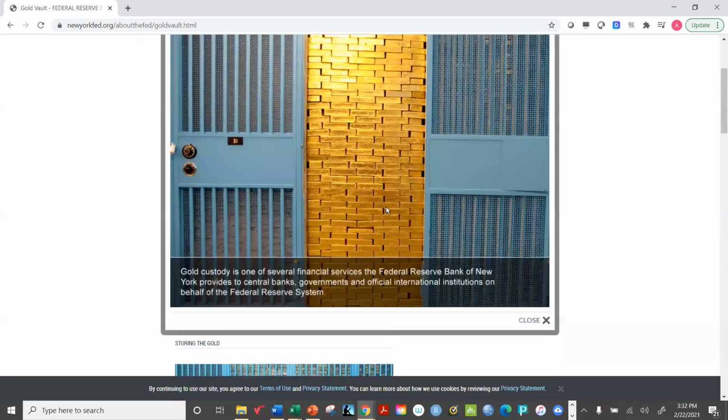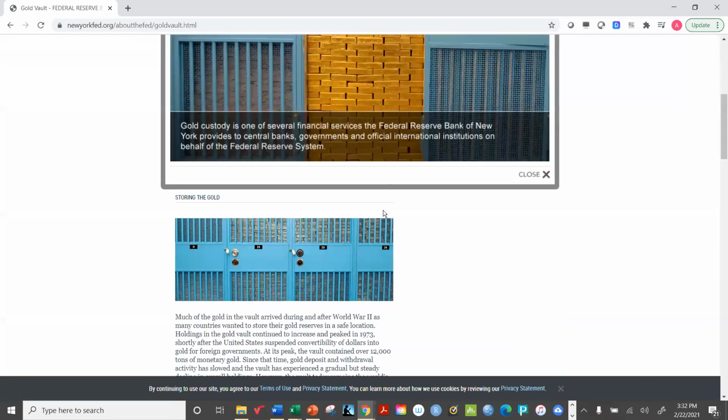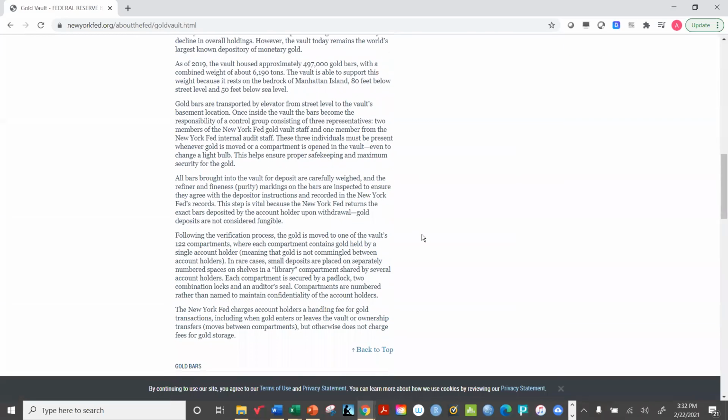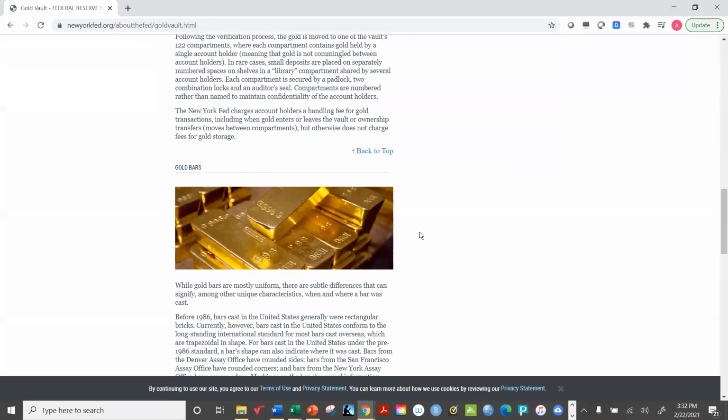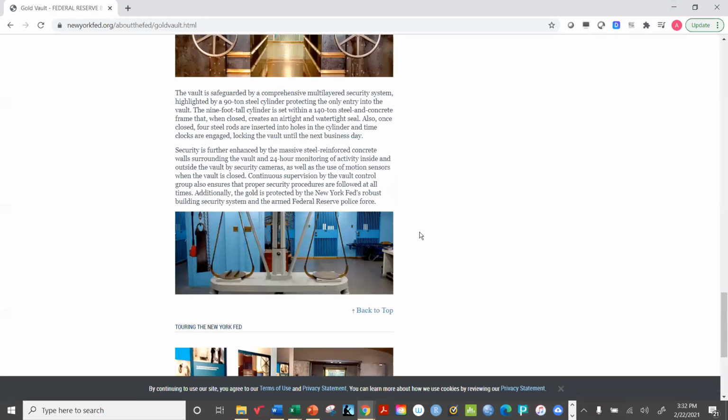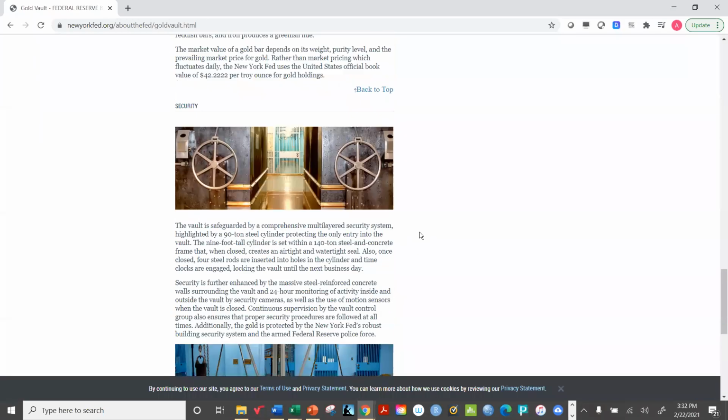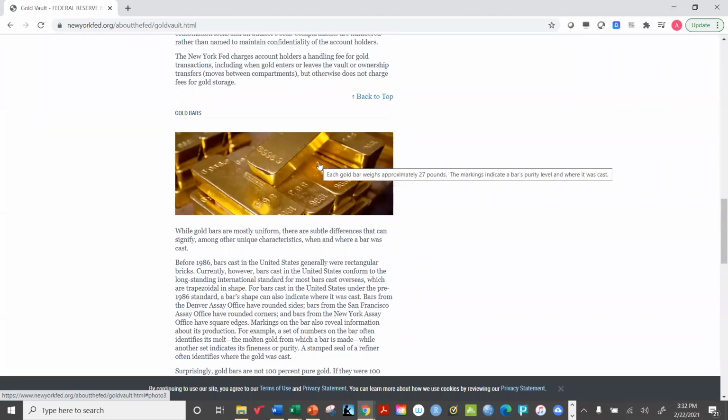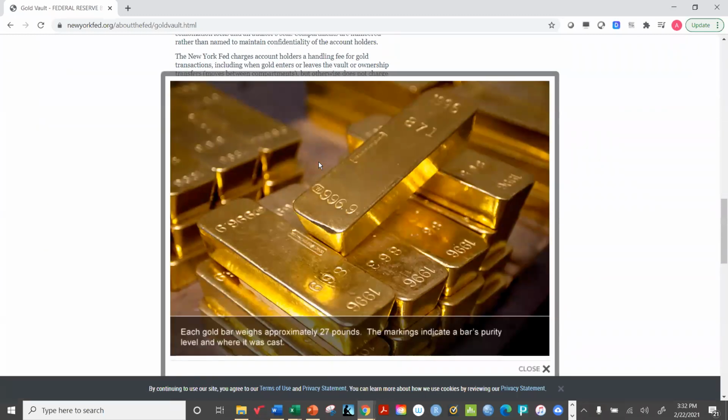Now, everybody knows the gold is down there, so let's just say the security is very, very tight. But keep in mind, this is not industrial gold. This is monetary gold. This is as pure as it gets.